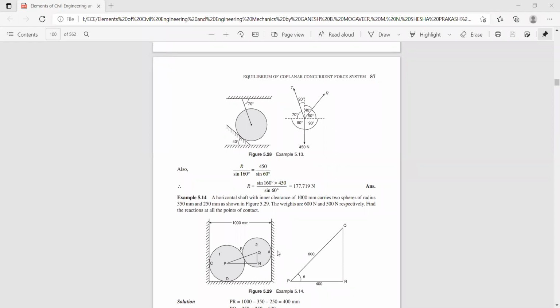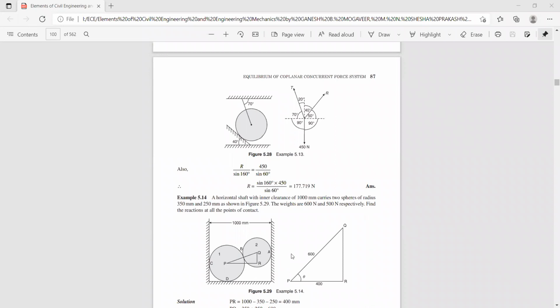And here you have a force RA acting in this direction. And here from the bottom you have a reaction force that is known as RD. And you will have a reaction from sphere Q to sphere P. So this is the reaction force, called RB. And this angle you have found, that is theta, whatever the value of theta.